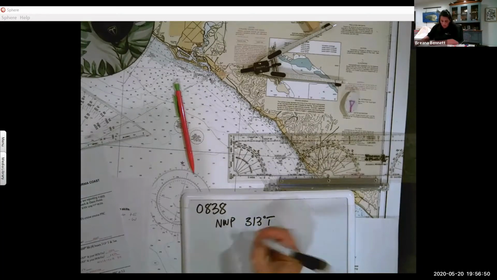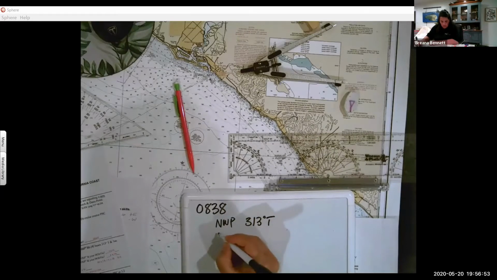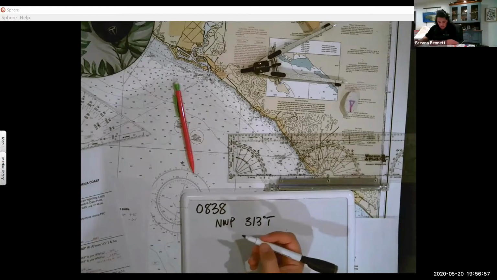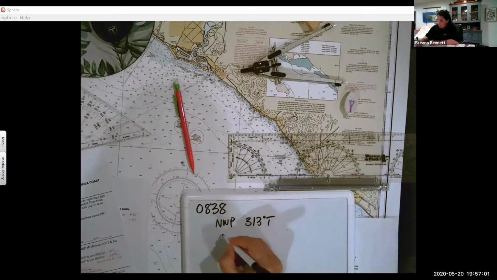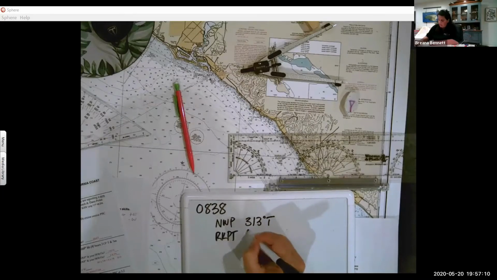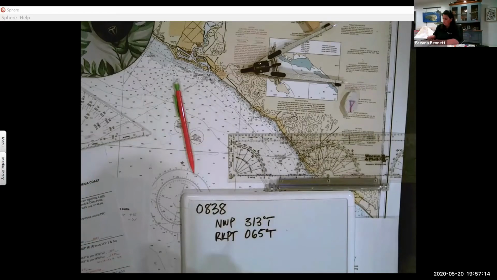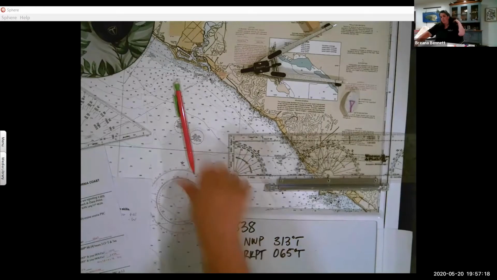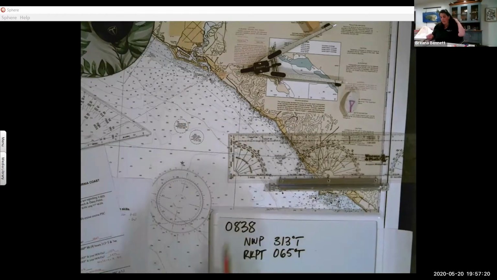And our 2 Rock Point, which is our new light. Oh, that is our new light. So Rock Point light bears 065 degrees true. So we need to plot in those LOPs for a simultaneous fix at 8:38.